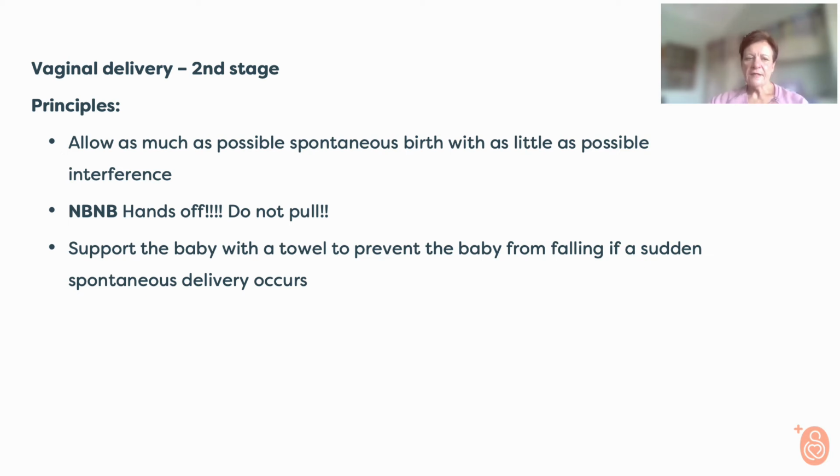So the NB here is hands off. Do not pull. You can support the body, but don't pull. When the baby's body is being born, when the buttocks have been born, one can support the baby, cover it in a towel and just hold it. But as I'm saying, never under any circumstances pull the baby.